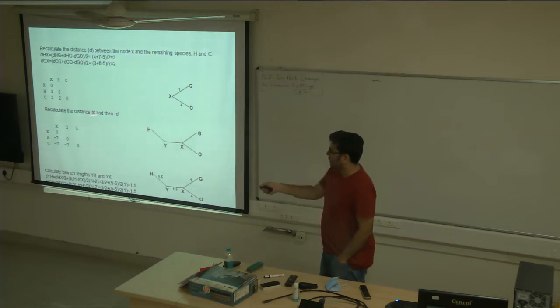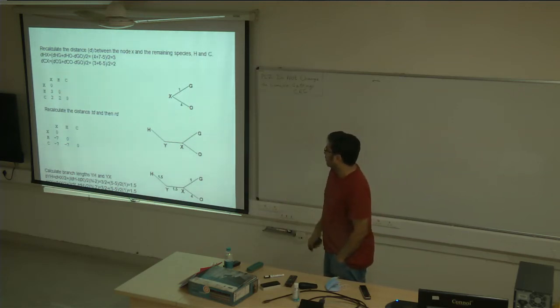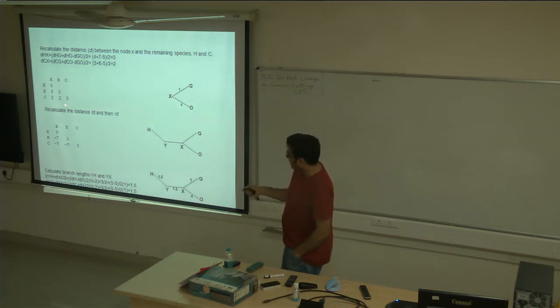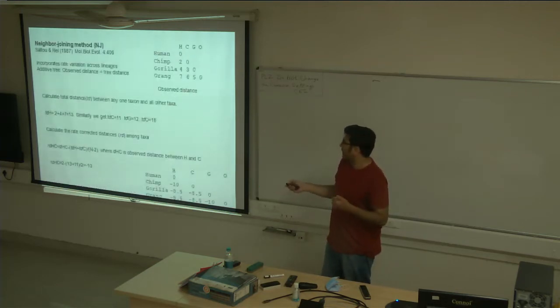After that you again make a matrix where X is one taxon, along with human and chimp, and this is the distance matrix that you get. From this distance matrix you have to recalculate the total distance, like what we did here. From the observed distances we calculated the total distance and the rate corrected distance.